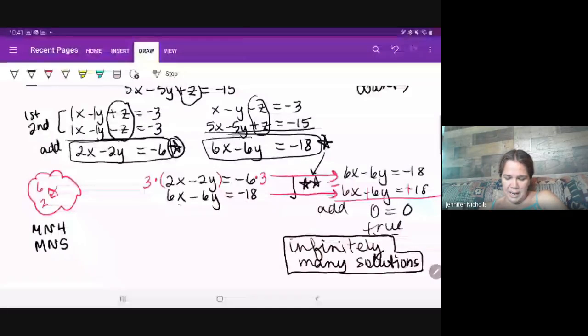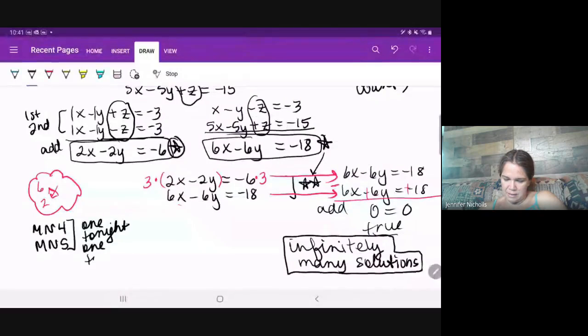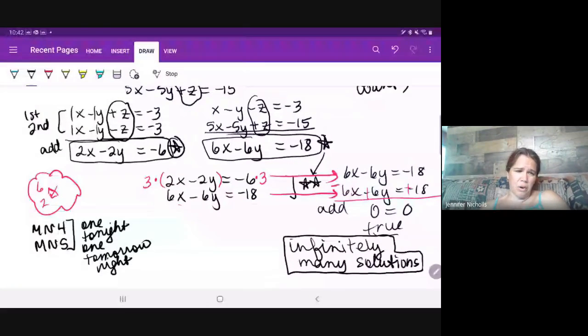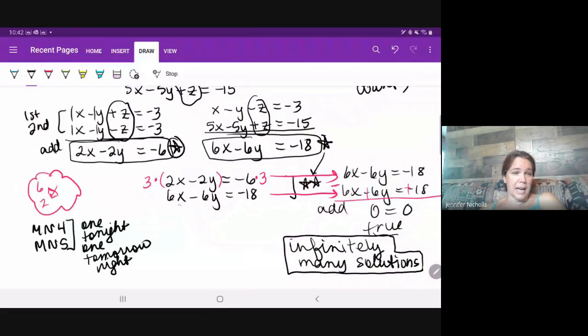One is due tonight, and one is Tuesday night. Well, I'm going to put tomorrow because of the other class. Now I'm going to put that Mn4 is due tonight and Mn5 is due tomorrow. But I really don't care if you do them in the opposite order, as long as you do one tonight and they both get done by tomorrow night.